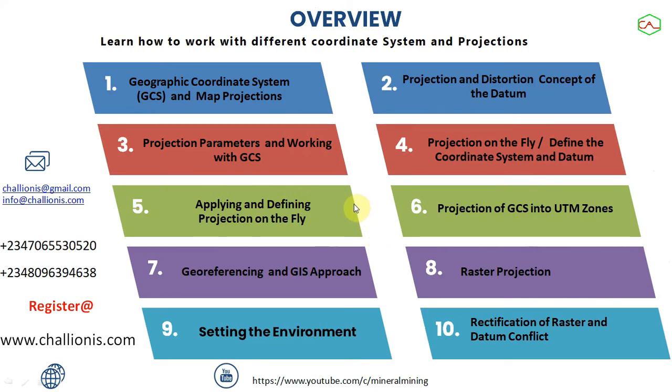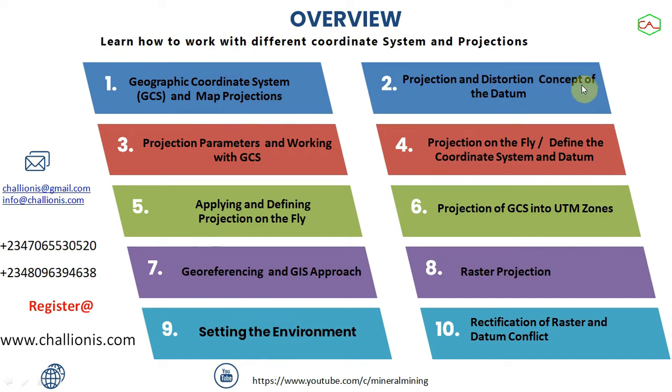Then we need to look at how we're going to work with different coordinate systems and projections. In these modules, we'll be looking at the geographic coordinate system, which is GCS, and map projections.